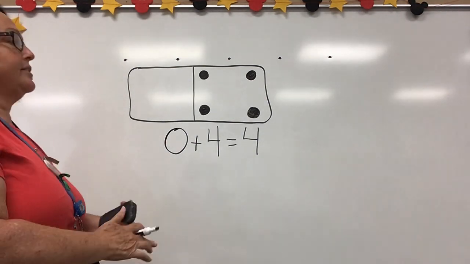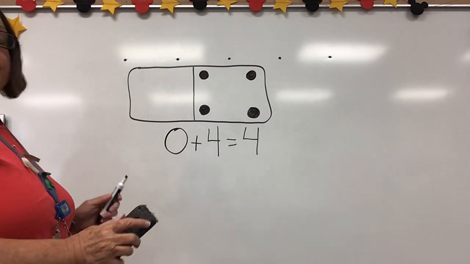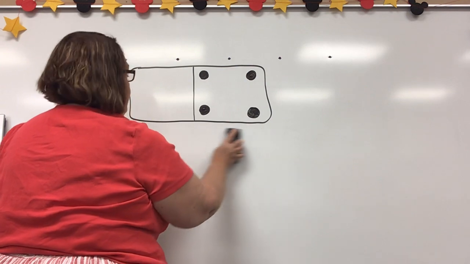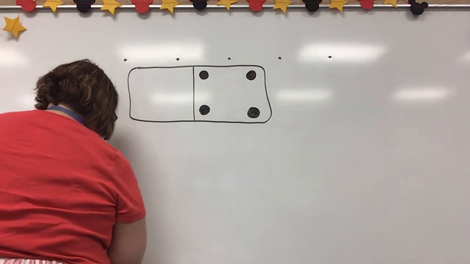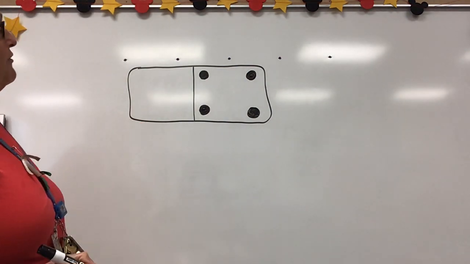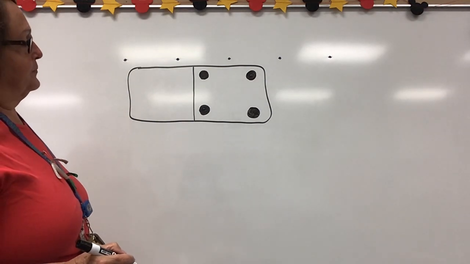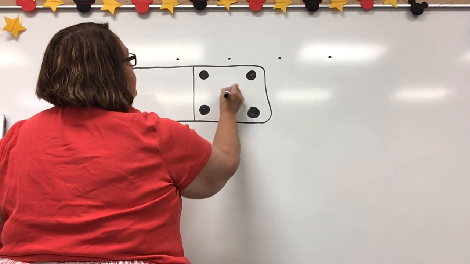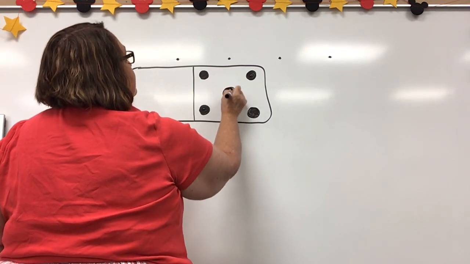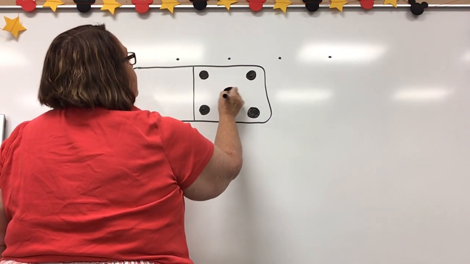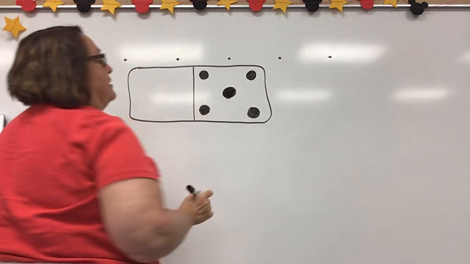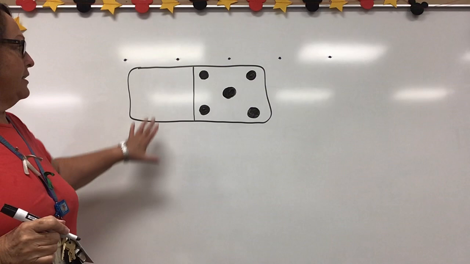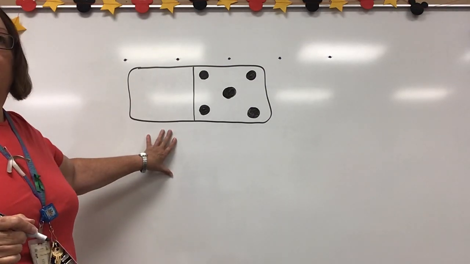Okay, we're going to change this up a little bit. What if I put, I like the ones with the dots right there. I think it's kind of fun to put one right in the middle. Okay, so let's look at that one now. All right, how many are in this part of the domino?